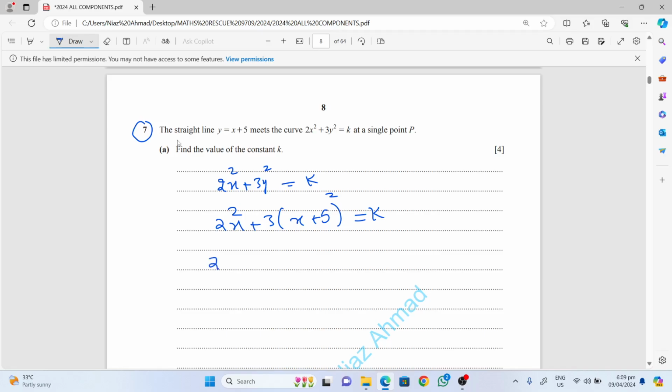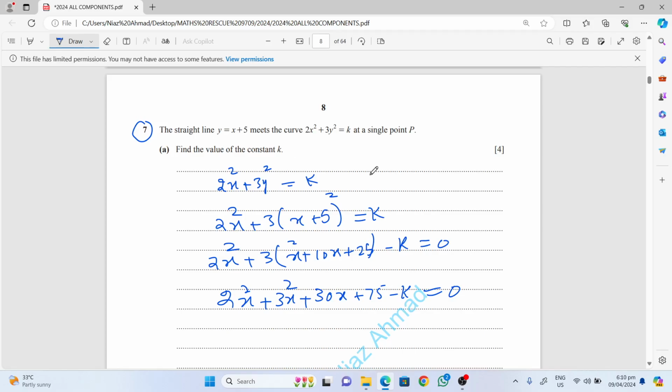Just expand it. It is 2x squared plus 3 times the expansion of the bracket, x squared plus 5 times 2, 10x plus 25, minus k equals 0. If you simplify it, that is 2x squared plus 3x squared plus 30x plus 75 minus k equals 0.